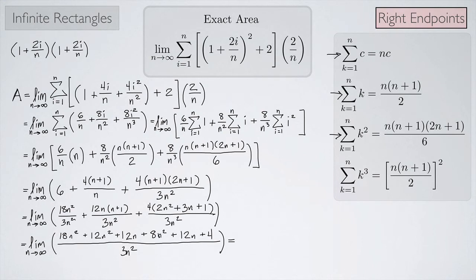And if you add all of this together, 12 plus 8 is 20 plus another 18, that's going to be 38. And then I'm going to have a 3 on the bottom. And so when you do this limit, you're going to get 38 thirds. And that seems like a lot of work to just get this nice simple answer here, but that does represent the actual area under that curve from x equals 1 to x equals 3.